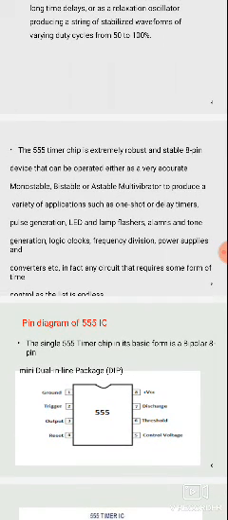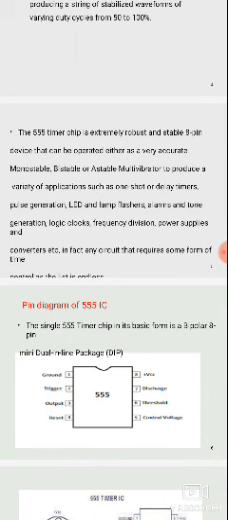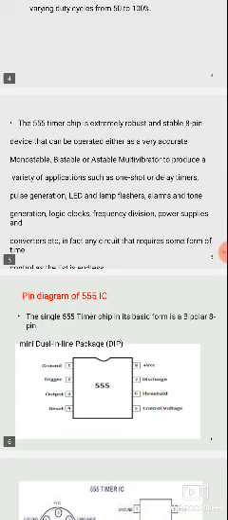The 555 timer is an extremely stable 8-pin device. It can be operated as a very accurate monostable, bistable or astable multivibrator, and it produces a variety of applications like one-shot or delay timers, pulse generation, LEDs, which stands for light emitting diodes, and lamp flashers, alarms, tone generation, logic clocks, frequency division, power supplies and converters.